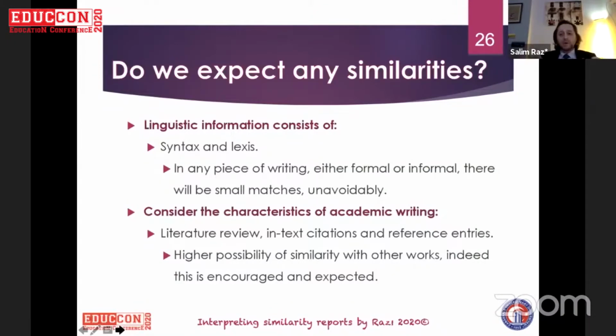Simply depending on the number, on the ratio, we cannot answer this question, because what I'd like to tell you here is, as academics, we do expect some similarities in our papers. Why do we expect similarities? Because there will be some syntactic and lexical matches within the text, which are unavoidable.